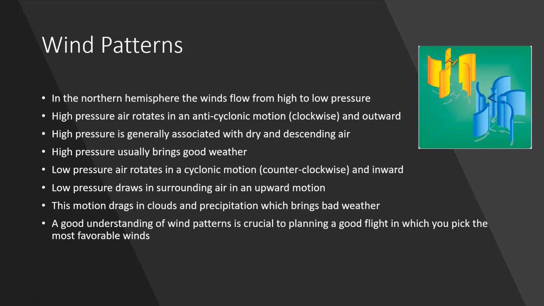The other thing that's kind of interesting to think about is that flying against the grain, I guess you could say, of these pressure systems is going to be a lot harder than going with it. So in this picture, if you're flying from the top right corner down to the bottom left corner, you'd be flying with the wind as it moved from the high to the low pressure.